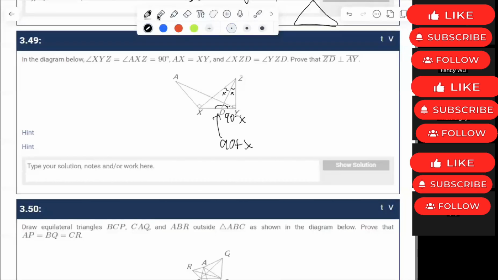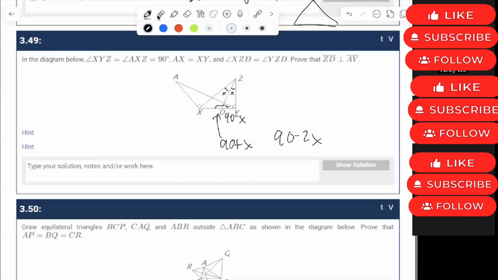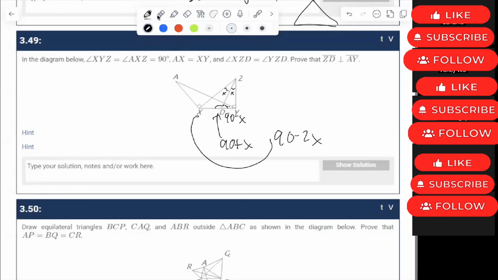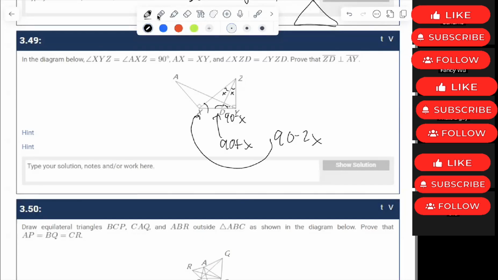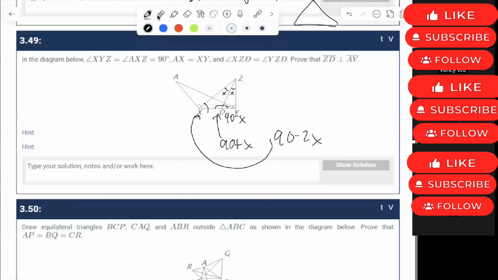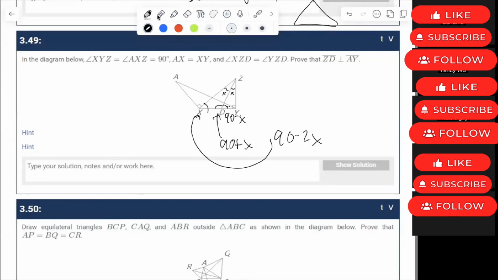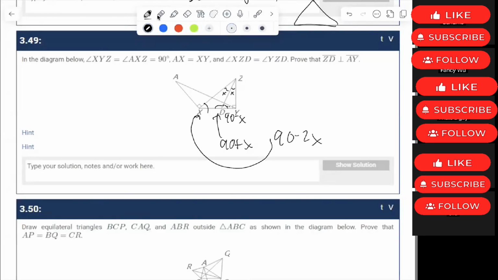So this just becomes 90 minus 2x. That's the angle. Okay. So what else? Well, we've got to extract more from this question. We know that AX is equal to XY, all right?